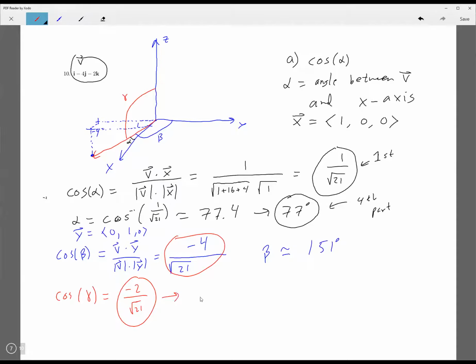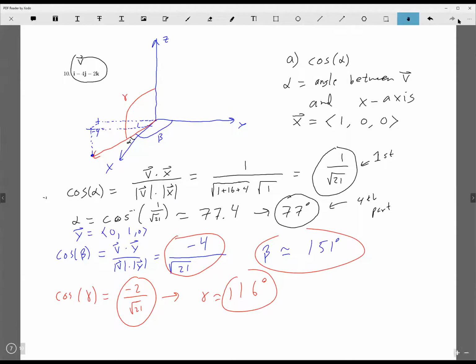So just take the inverse cosine of that, and you get about 116 degrees. Okay, great. Any other questions about this? Okay, let's move on to the next problem.